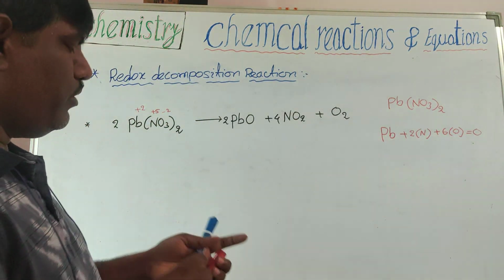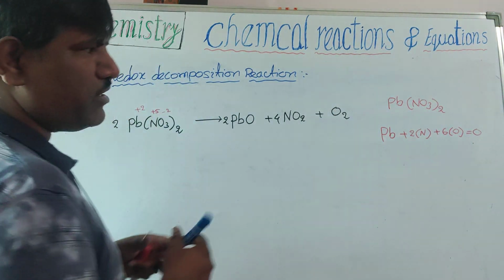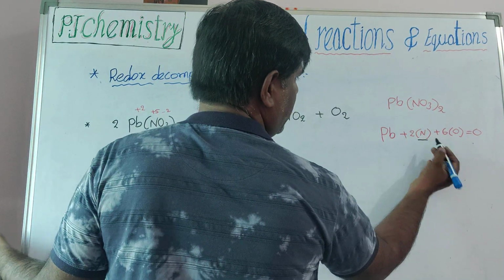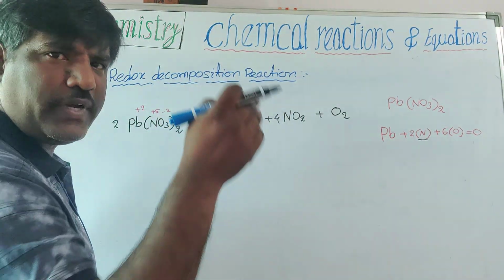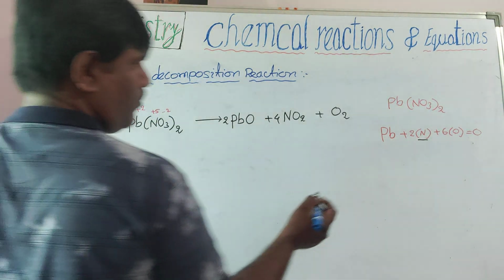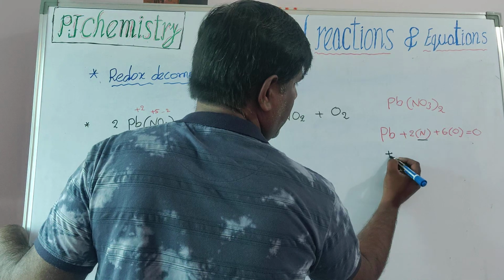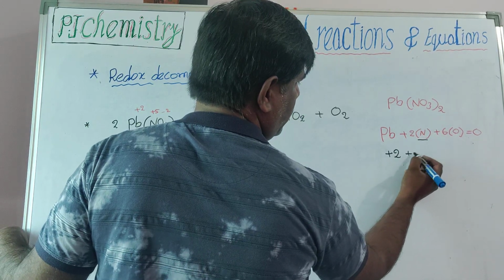Now write their oxidation numbers. Now we have to find nitrogen, so take it as x. Lead we already got: +2.